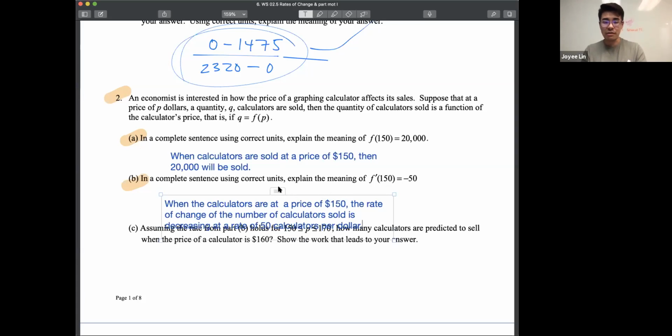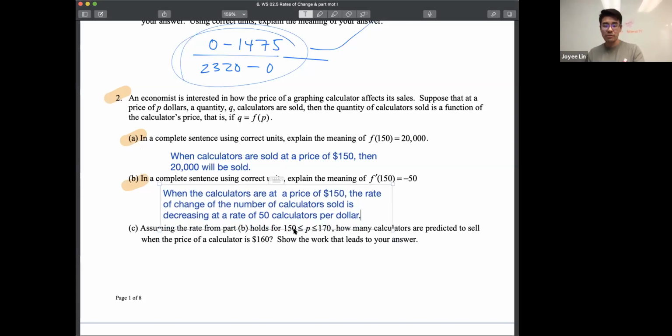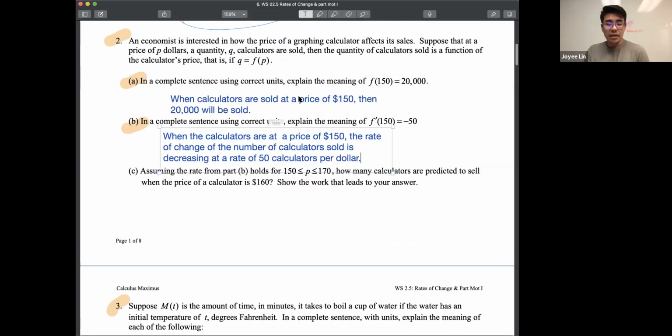And you want to make sure you have the correct units, right? So dy over dx, dy is calculators, dx is dollars. Any questions on that one? Alrighty.